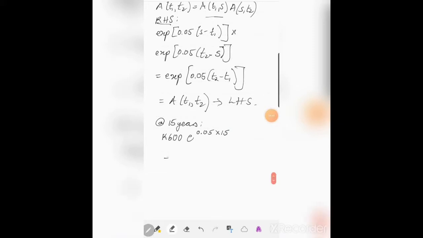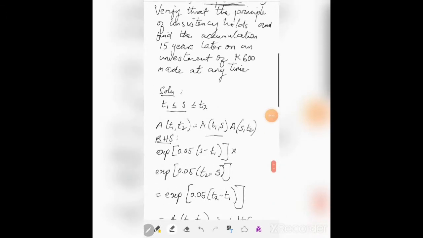This gives us our accumulation after 15 years as 1,270.20 kwacha. So this is how we apply the accumulation factor to find the accumulation of 600 kwacha after 15 years.